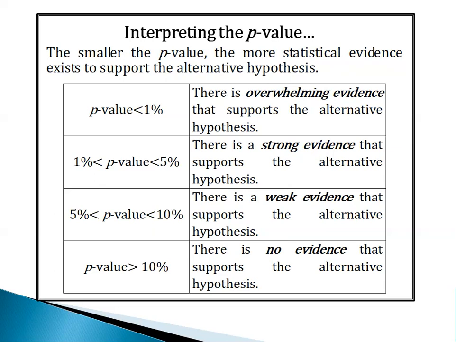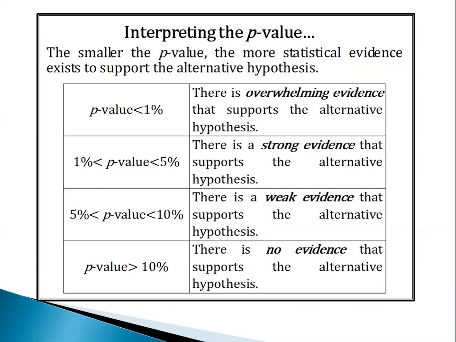The p-value, that is probability value, gives you an idea: if it is less than 1%, there is overwhelming evidence that supports the alternative hypothesis. If it is between 1% and 5%, there is strong evidence that supports the alternative hypothesis.